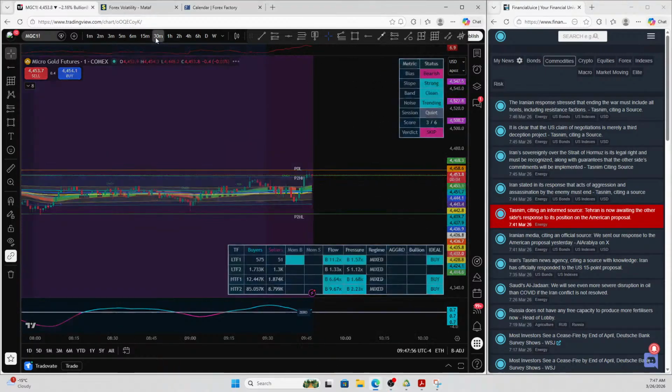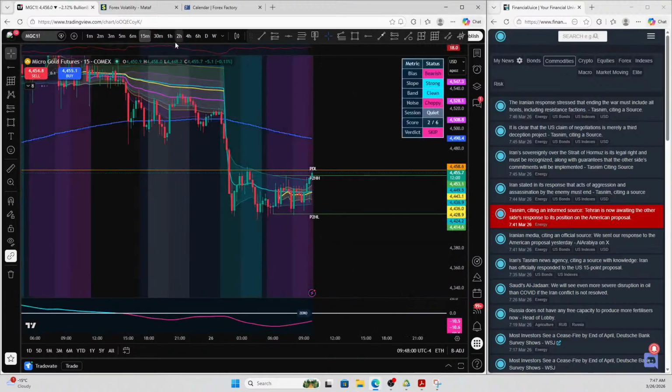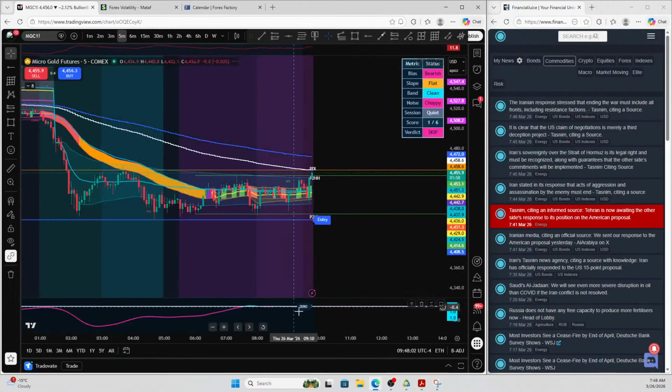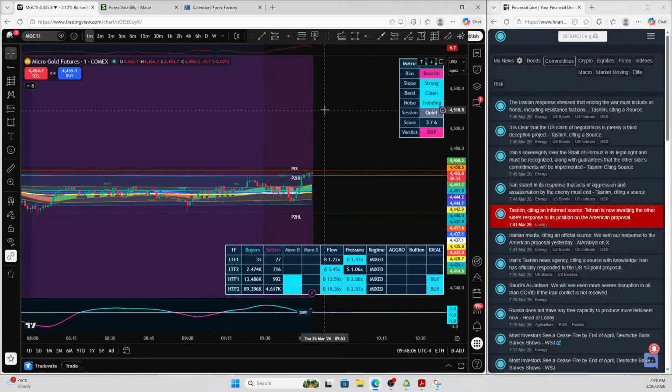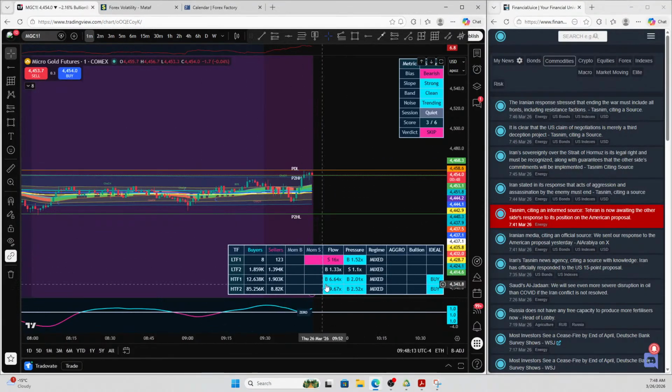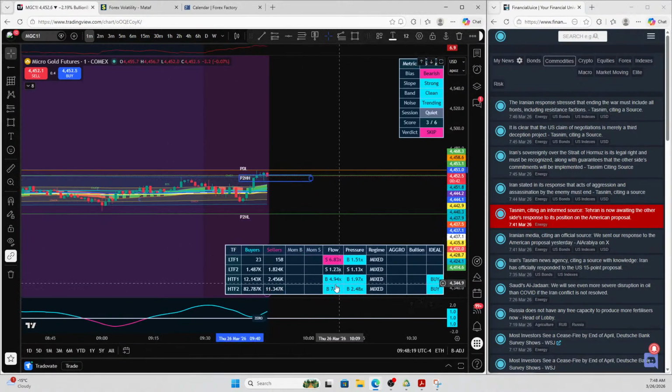I'm going to see 30-minute is bearish, 15 is bearish, 5 is bullish, 1 minute is bullish. Remember, we want our lower time frames getting aligned with our higher time frames. Right now, we have this above 2, so buys are valid.